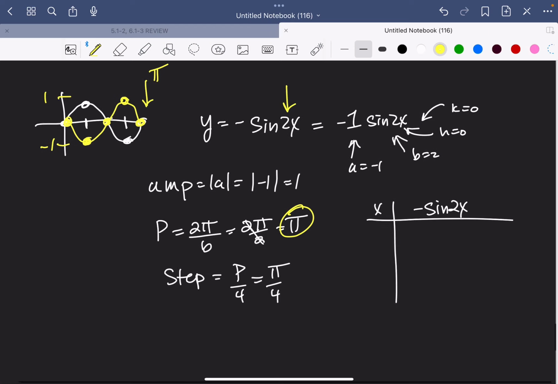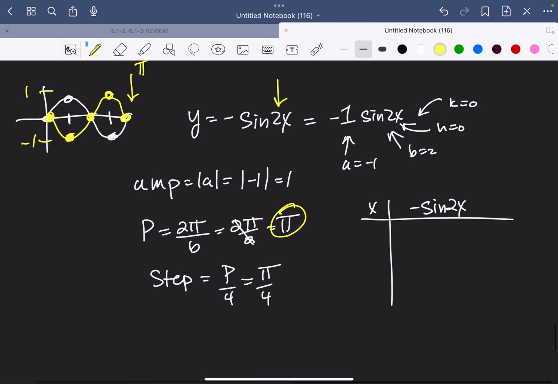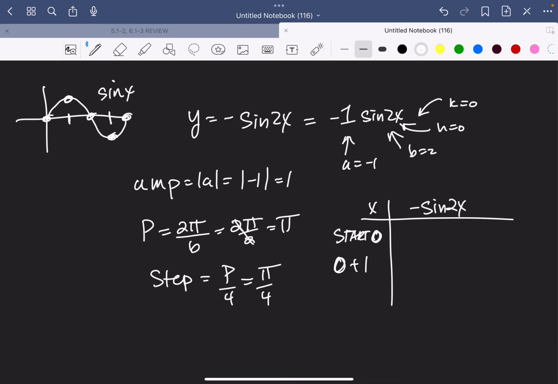But let's go through that chart just to make sure that it's clear. So I have my starting value. If I think about my normal sine graph, over here, my parent function, I'm going to start at 0. And we're going to think about it as 0 plus 1 step, 2 steps, 3 steps, and 4 steps.